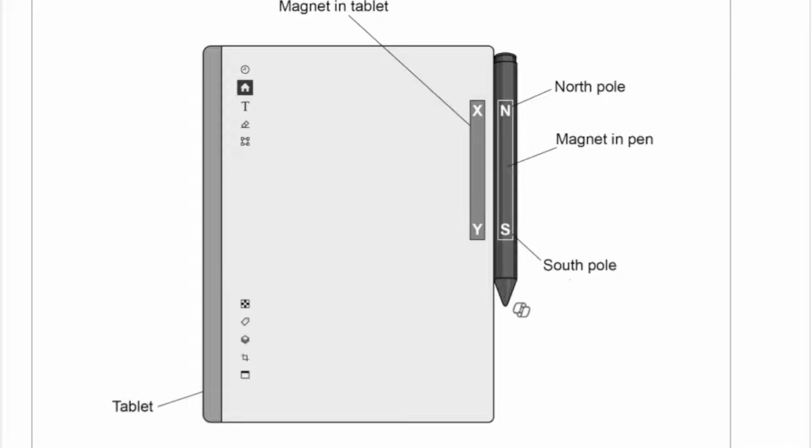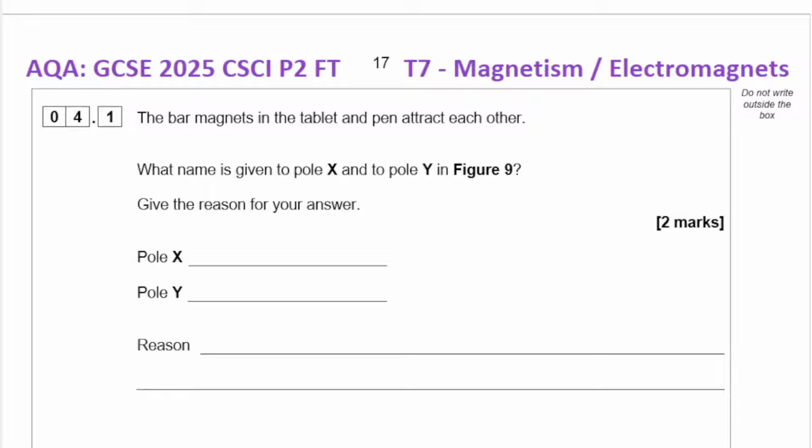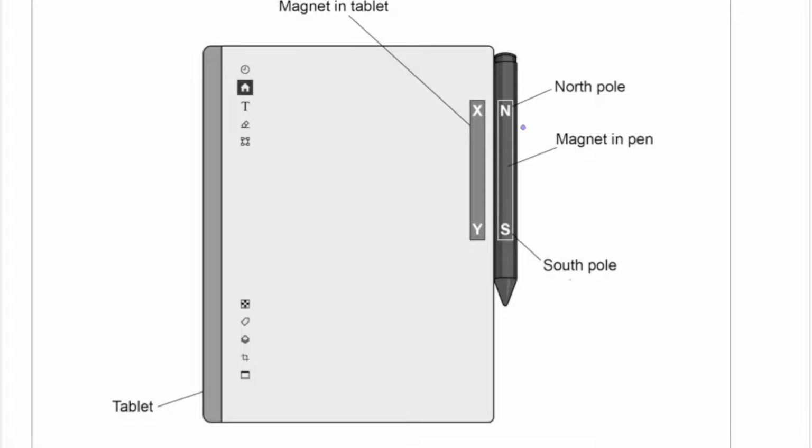Now, I'm pretty sure they're going to ask what the poles are. There you go. The bar magnet in the tablet and the pen attract each other. What name is given to pole X and to pole Y? Give the reason for your answer. Now, remember, magnets have north pole and south pole. For it to be attracted, this X should be a south pole and the Y should be a north pole. Remember, like poles attract.